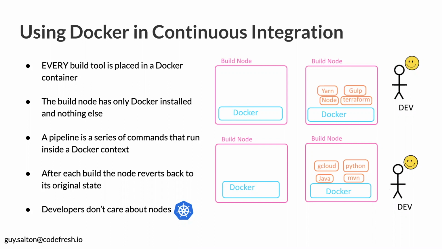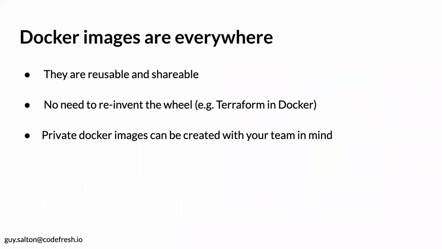The pipeline will run, it will use the Docker image as an environment to run all of the necessary tools. And after the pipeline is completed, the Docker images and containers are all discarded, and the machine reverts back to its original state. So no change was actually made to the machine, and it always goes back automatically to its original state. And the developers, again, don't have to care about which node to use.